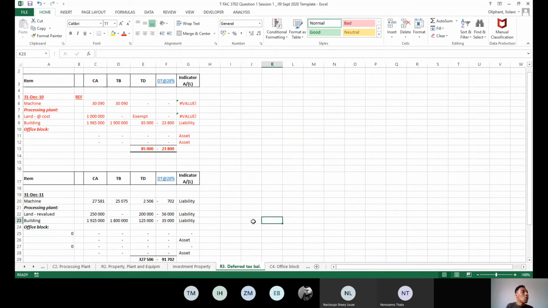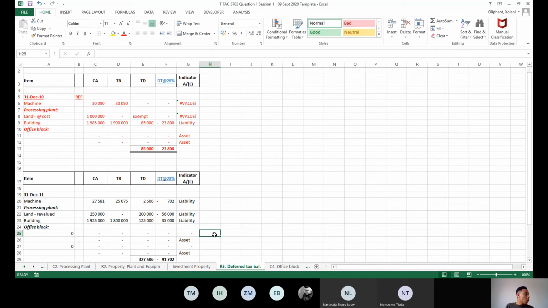I think I've seen in all the questions that they give you that information. So you don't need to guess what model they're using to account for buildings, land or investment property.